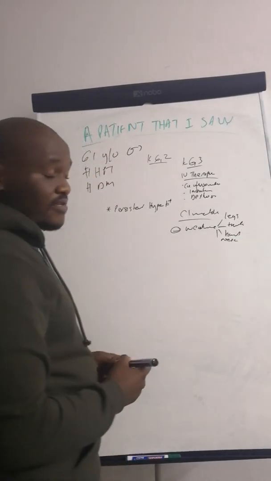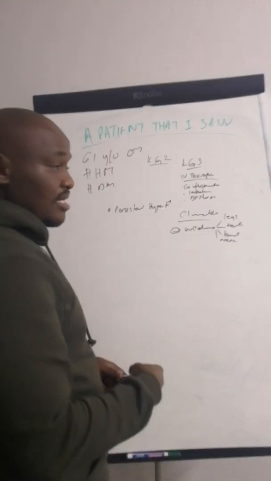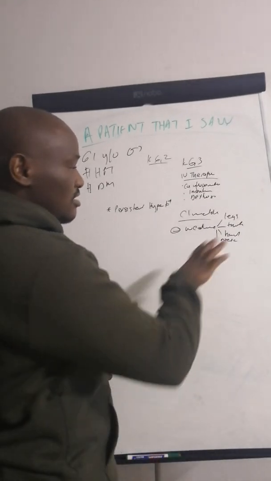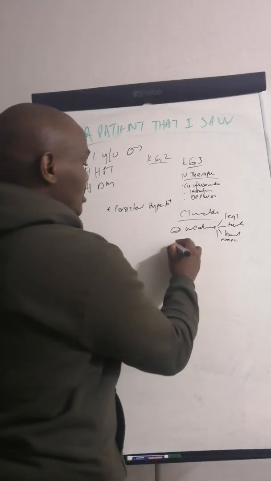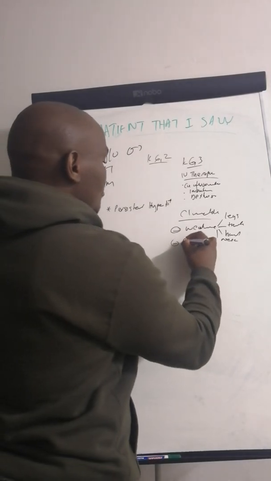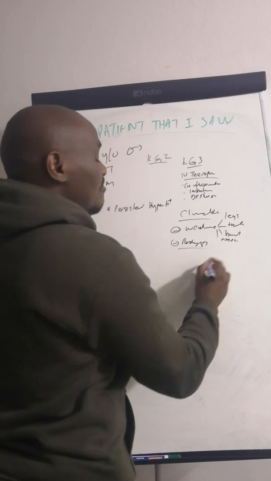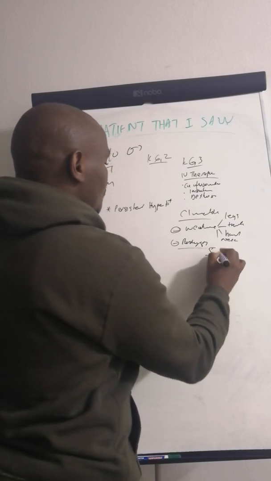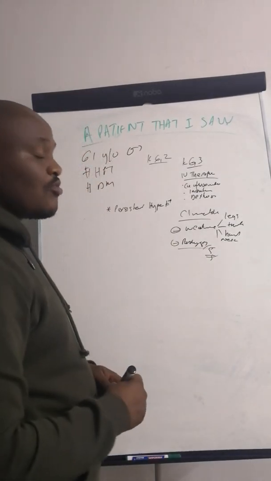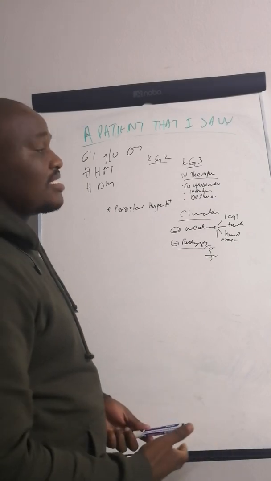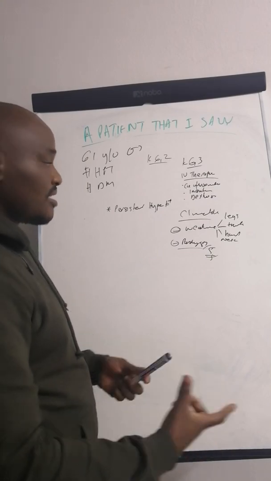Remember, the weakness in hyperkalemia is ascending. There was nothing like that, and there was no paralysis. The powers were all 5/5. So at this point, I knew that we have a patient who's got hyperkalemia but is not clinically symptomatic.